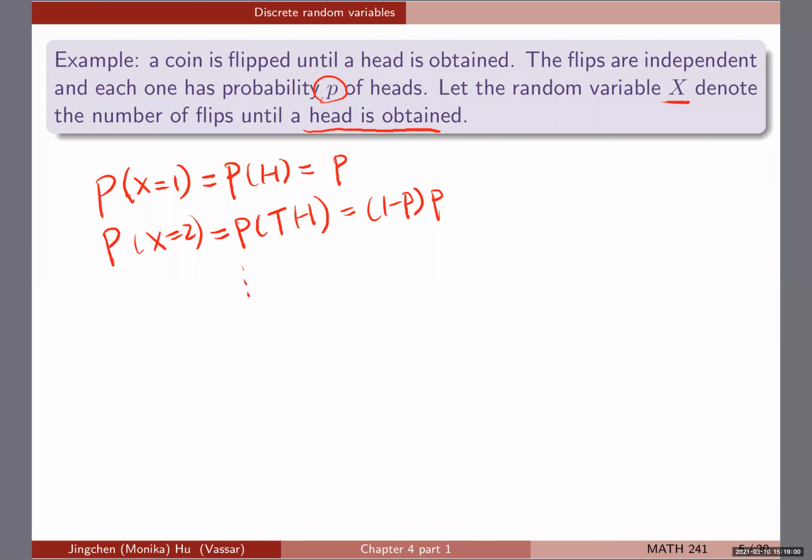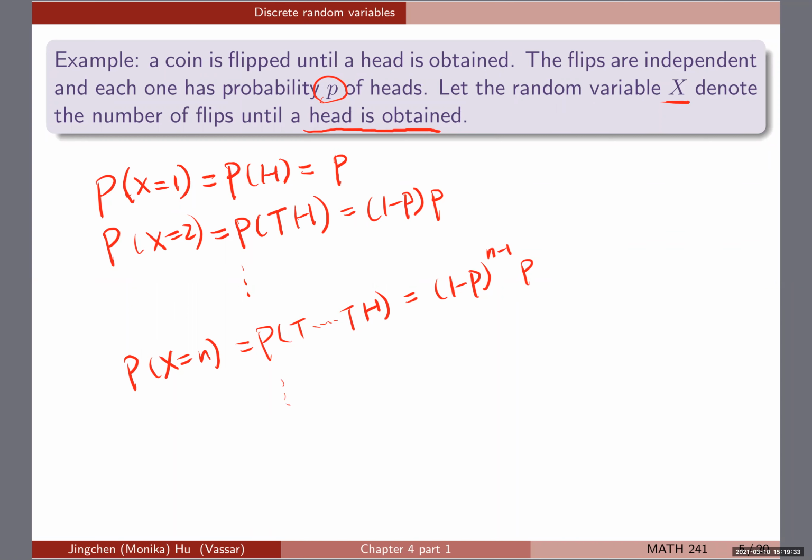We can keep going. Generically, if I want to know the probability of X equals any value n, then that means we need to have the first n minus 1 flips be tails, and then the last one be a head. And that will be 1 minus P, the probability of getting a tail on any flip, to the power of n minus 1, because we have n minus 1 of them, multiplied by P. As you can see, you can keep going.